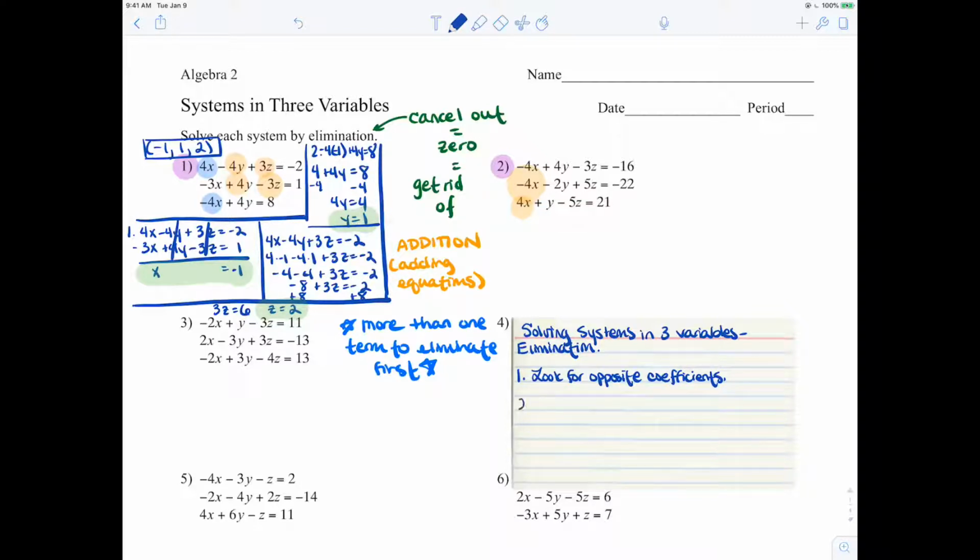So then I will add those equations to eliminate one variable, at least.